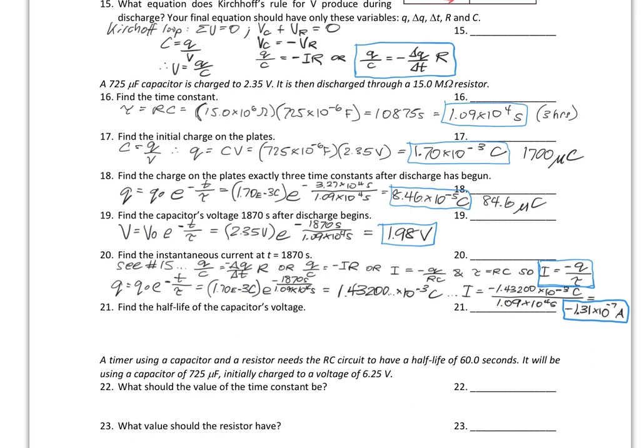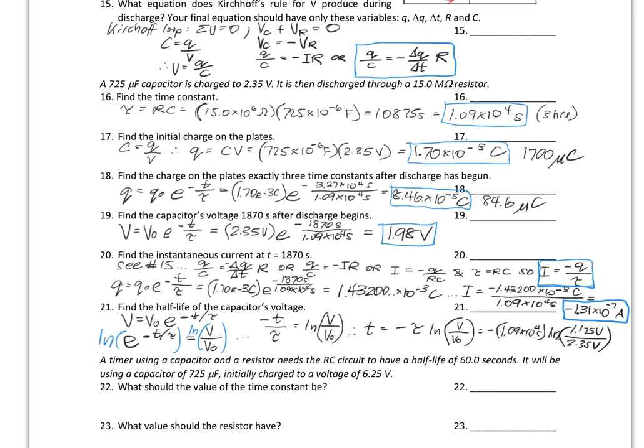All right, half-life of the capacitor's voltage. So I want to find the time when voltage is half what it was originally. I'm trying to solve for time here, so I'm getting e to the negative t over tau alone, and then I'm going to take the natural log of both sides to get rid of the e.